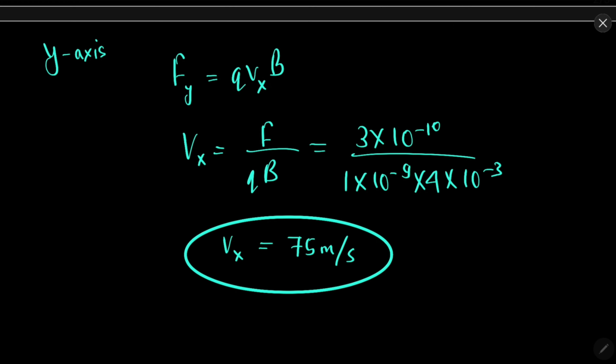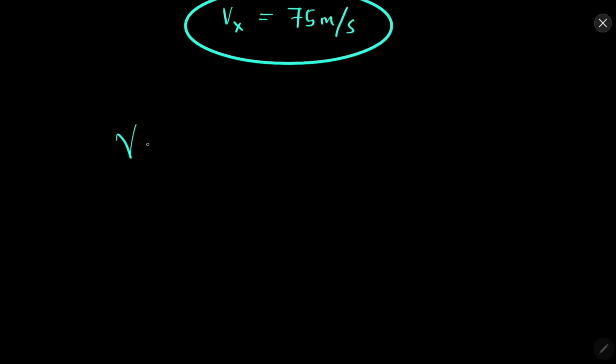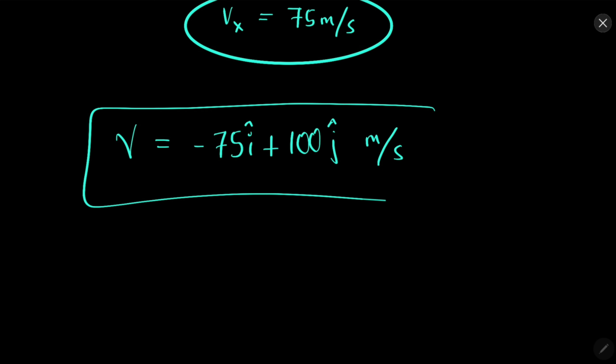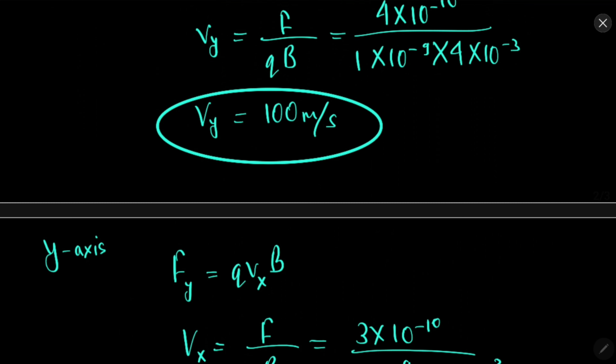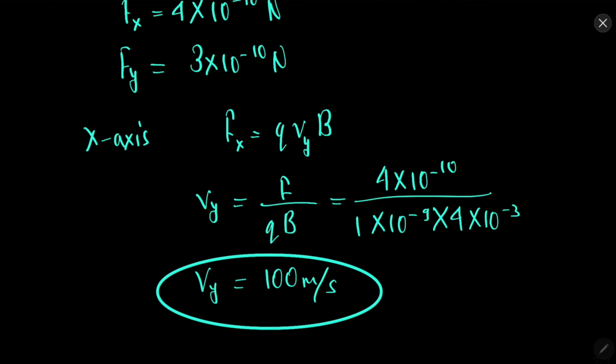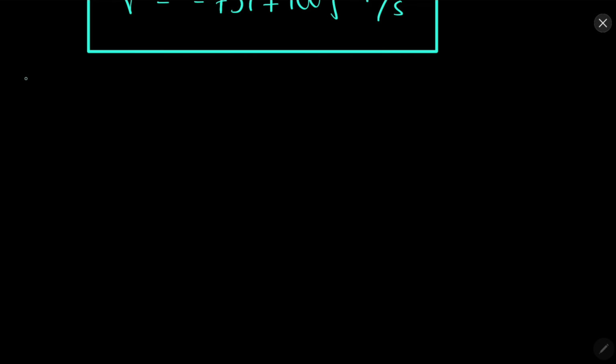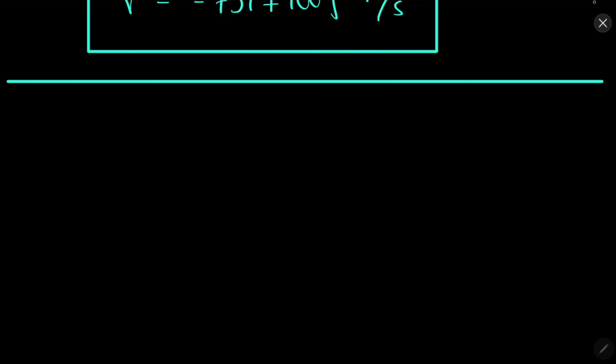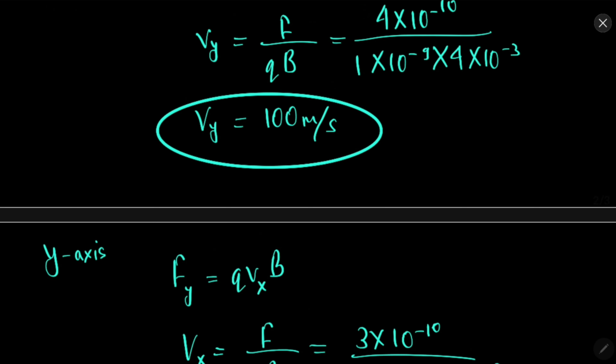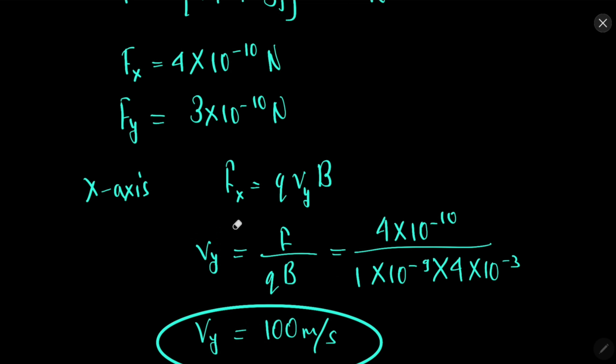So velocity will be minus 75 i cap plus 100 j cap meters per second. Now this direction can be obtained using the left hand rule. Sorry, this is the cross product, so you can use the right hand rule.